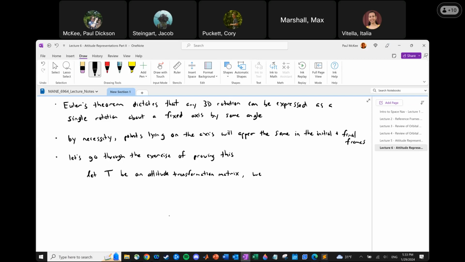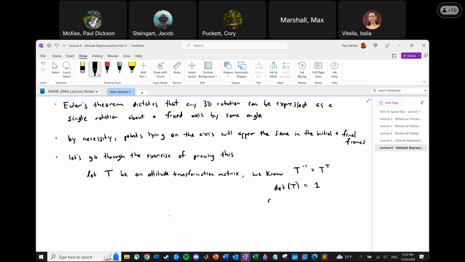We know that T inverse is the same as T transpose. We also know that the determinant of T is 1, which is another way of saying it's a pure rotation. There's no scaling, there's no stretching, there's no shrinking. This 3x3 matrix has a determinant that is exactly equal to 1.